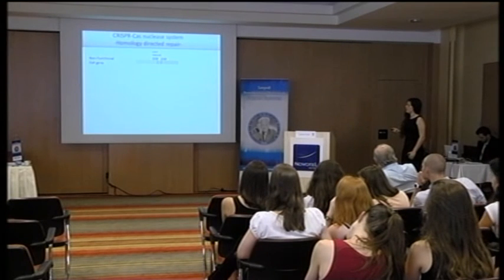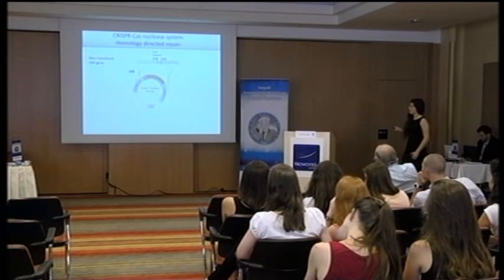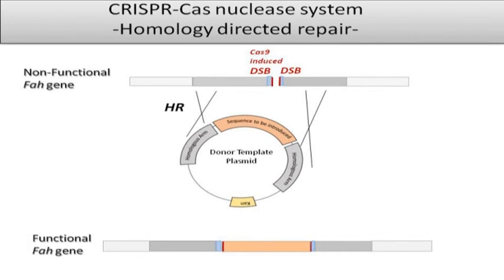This pathway requires a repair template, which is copied into the cut target sequence after the homologous recombination. So our donor template plasmid contains a sequence to be introduced between two homologous arms. After the repair process, we gain a functional FAH gene.